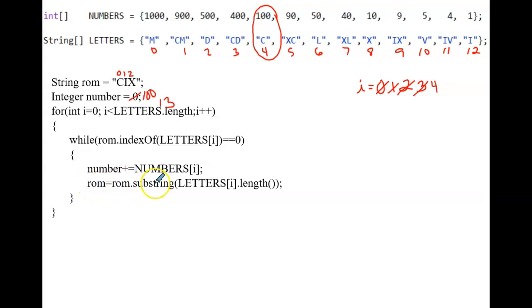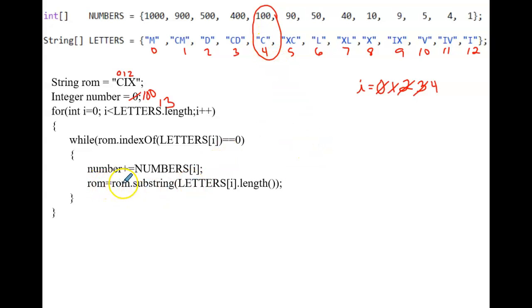And the next line takes the ROM and substring letters element I dot length. Letters element I is capital C, and the length of that string capital C is 1.